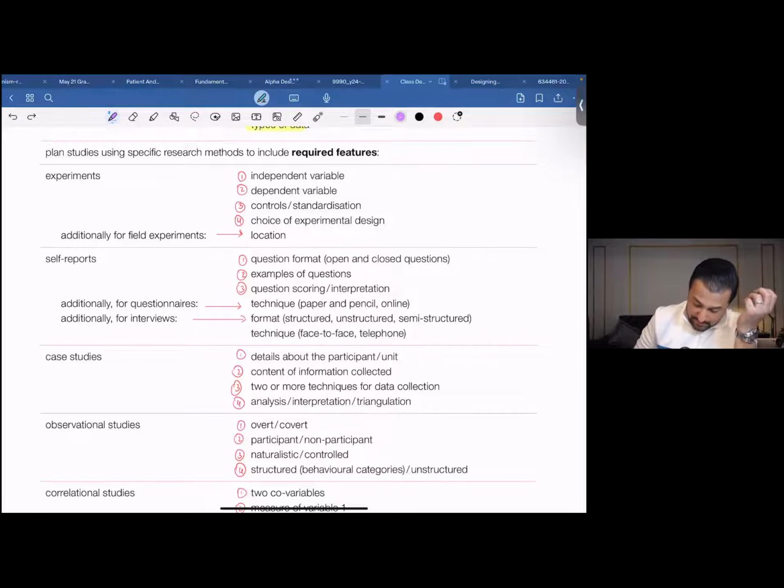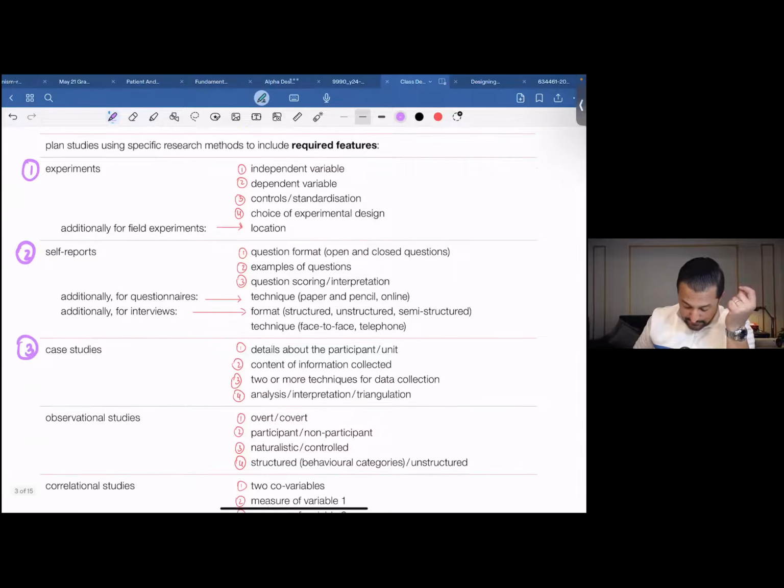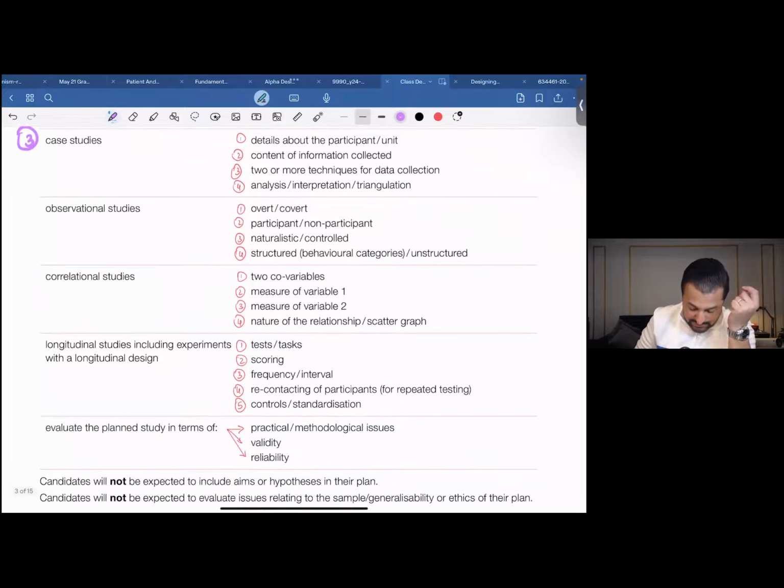So we have experiments, the first research method, followed by self-report measures. You might as well pause this video over here and copy down these points, because these are the points that would be used ahead. Number 3, for case studies, these are the points. For observational studies, this is what it is.